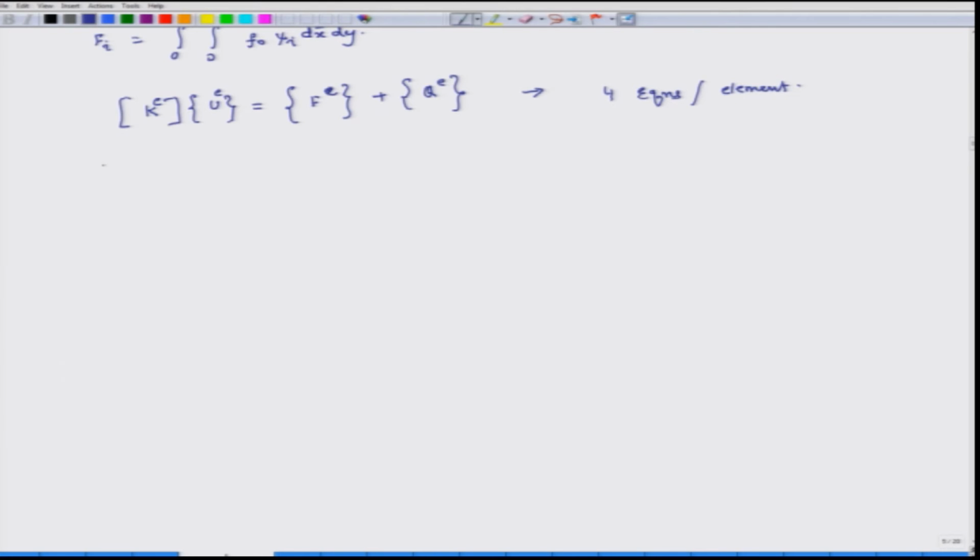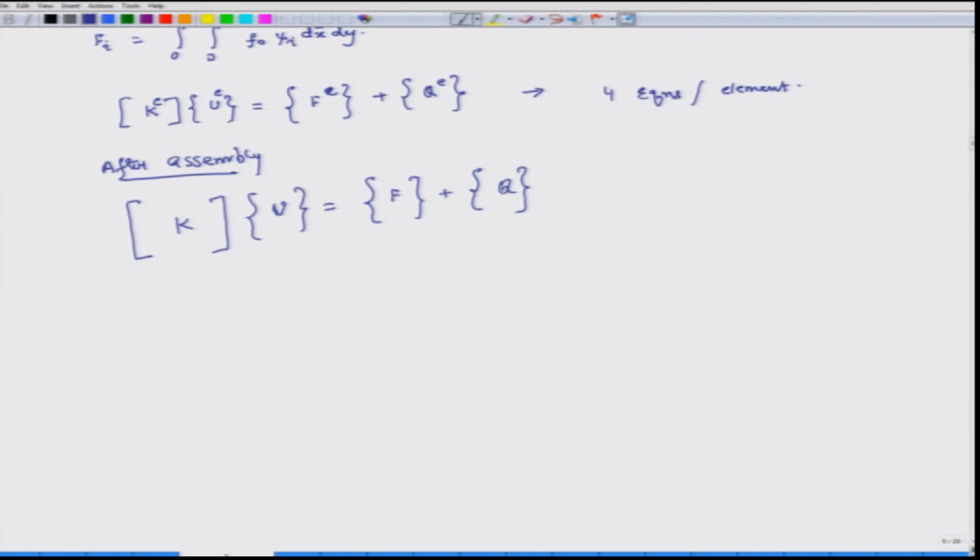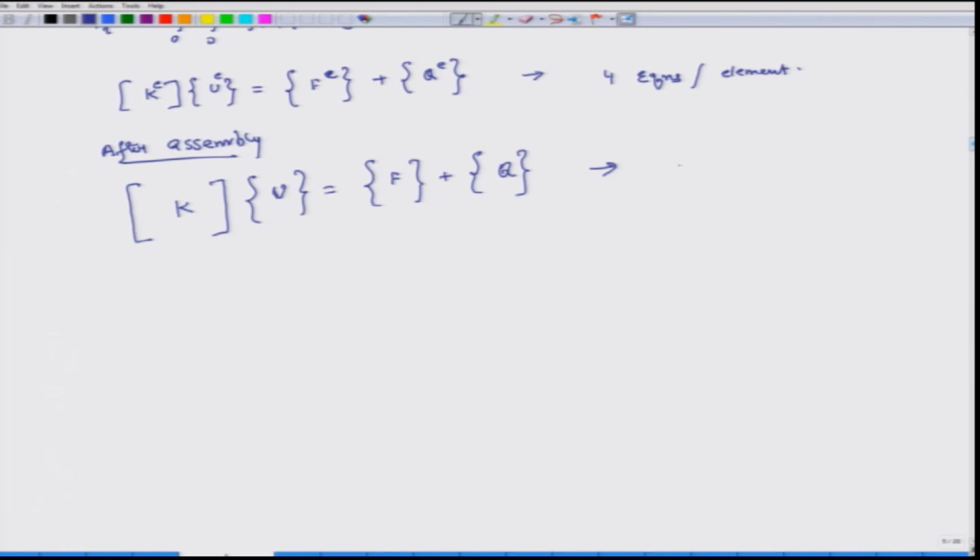And after assembly I will get an overall global K matrix times a U vector equals a global F vector plus a global Q vector. Okay. And how many equations will these be? 9 equations.